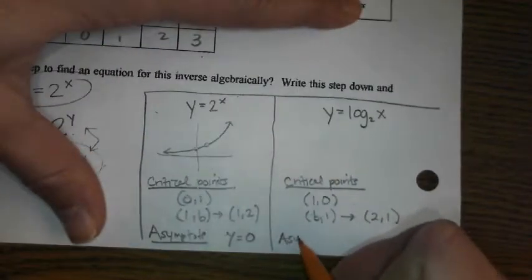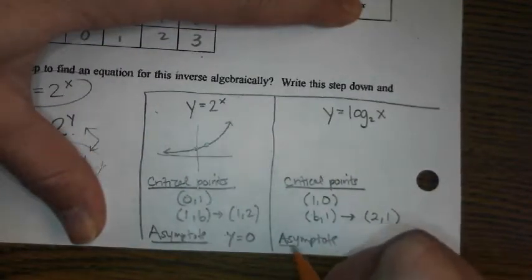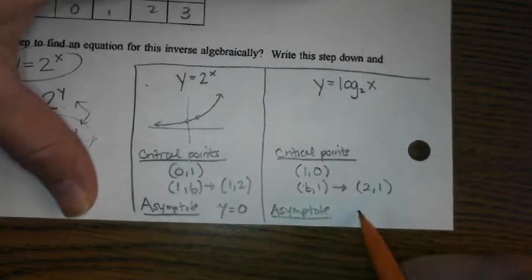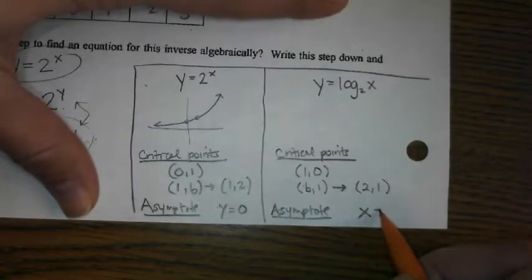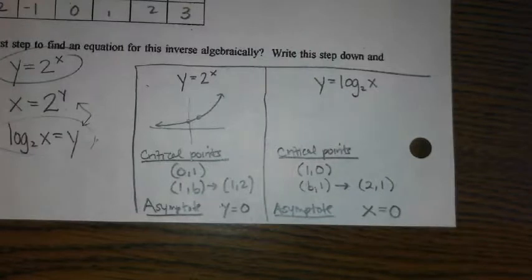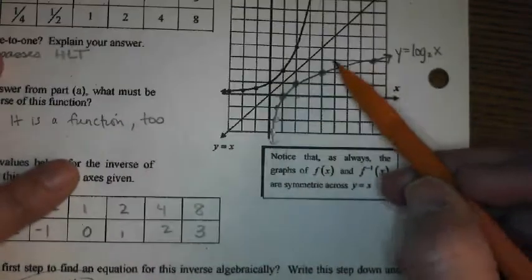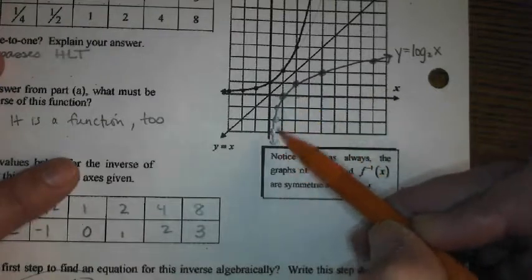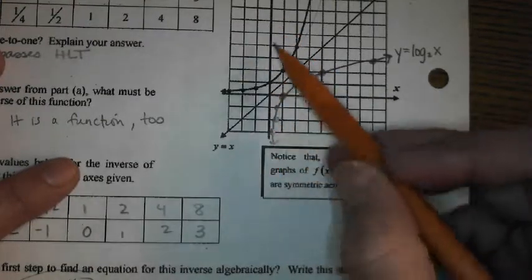And asymptote. What's going to happen to the asymptote? Y equals 0 is going to become x equals 0. And if you look at it, you're never going to cross that axis.